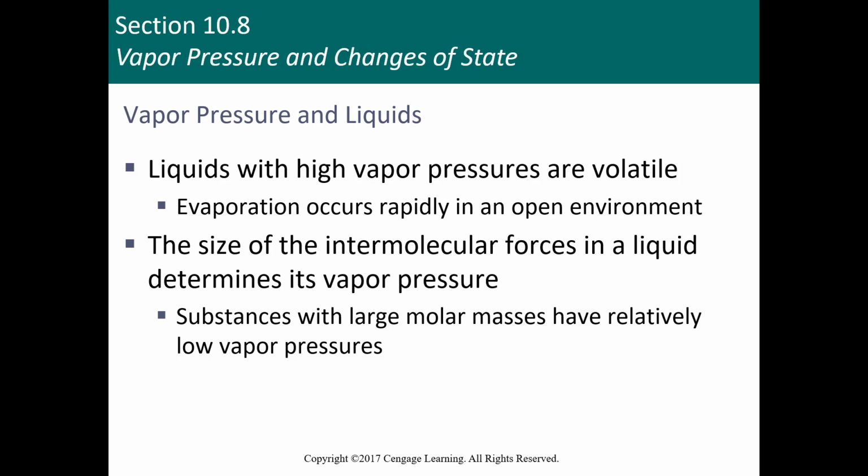Again, that's mostly because of London dispersion: a higher molar mass gives it more London dispersion forces, and thus it is harder for it to break away into the vapor phase.